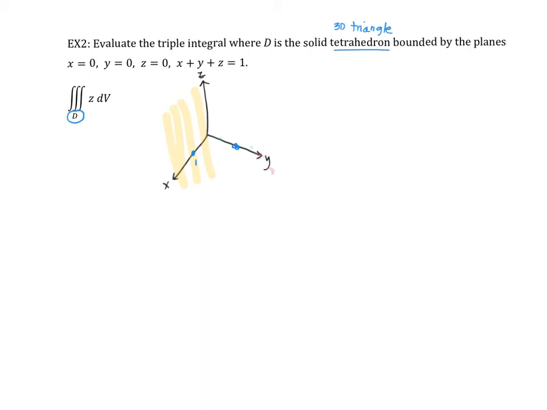And then I get z is equal to 1 as well. So I have this plane, and the bounded region, I'll put that in green, is going to be this. This is my volume that I'm looking at. That's my D.